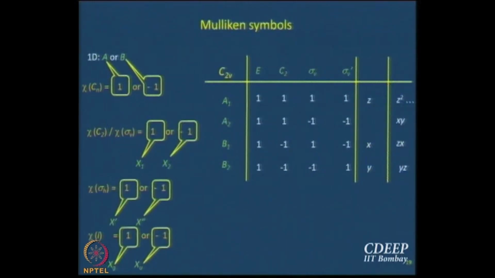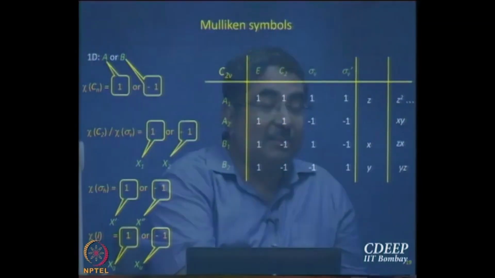Okay. So now see, everybody knows about those two sets of d orbitals, T2g and Eg. Where did the names come from? The names came from here, the Mulliken nomenclature. Eg, what are the d orbitals in Eg? z square, x square minus y square, right. They belong to Eg.